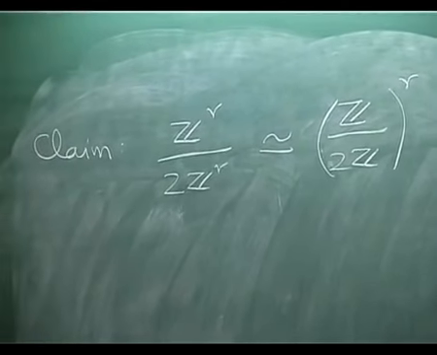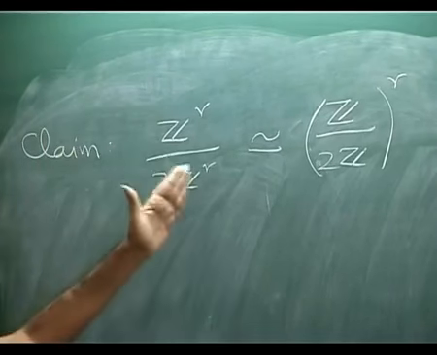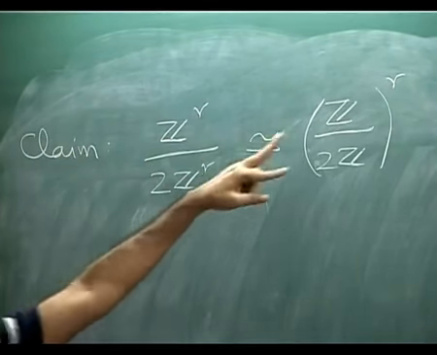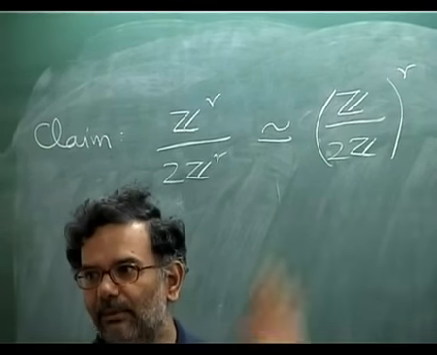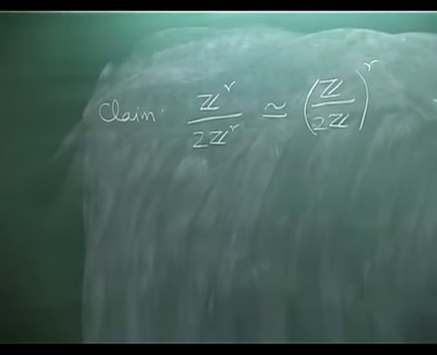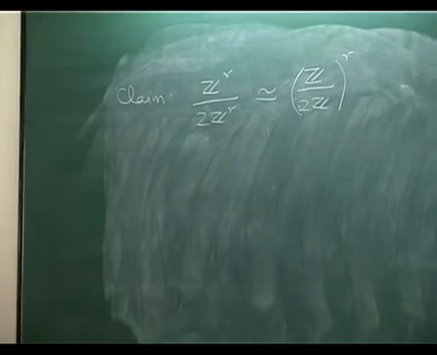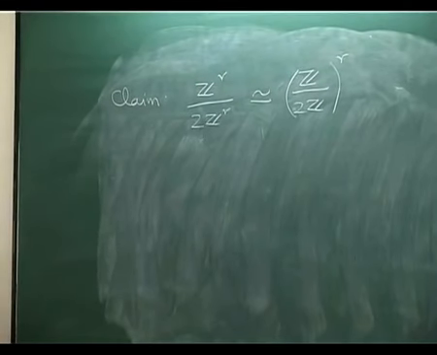Z to the R means Z direct sum Z direct sum Z, R copies. Z mod 2Z to the R means Z mod 2Z direct sum, R times. Power R just means R copies direct summed together.